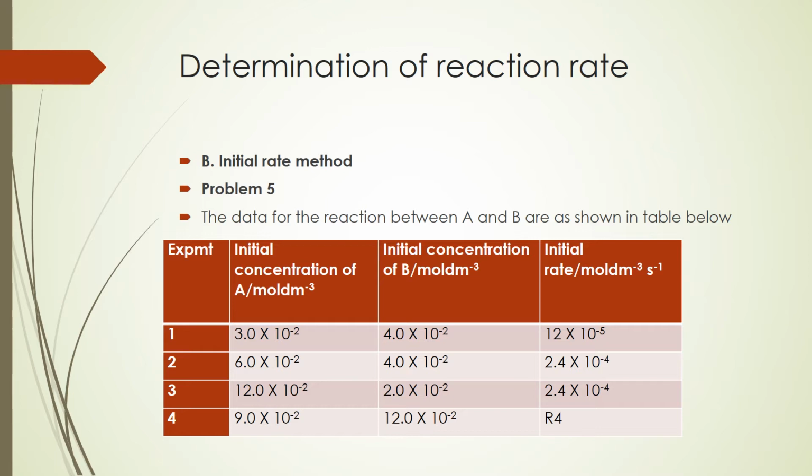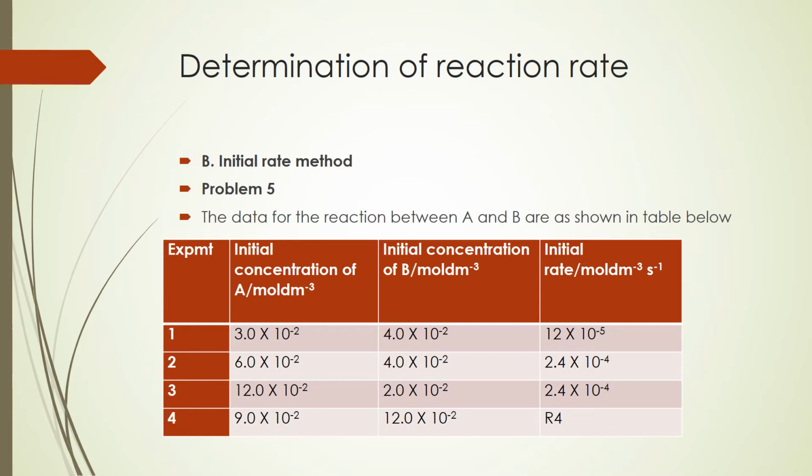For experiments 1 and 2, the initial concentration of B is kept constant, and the concentration of A is increased twofold, from 3.0 times 10 minus 2 to 6.0 times 10 minus 2. When we only change the concentration of A, we identify that there is an increase in the rate of the reaction.